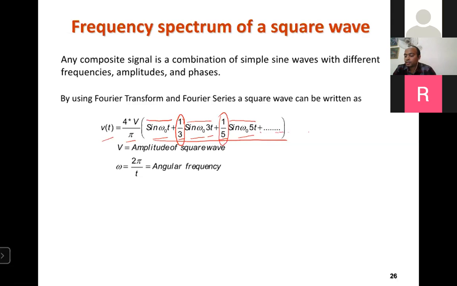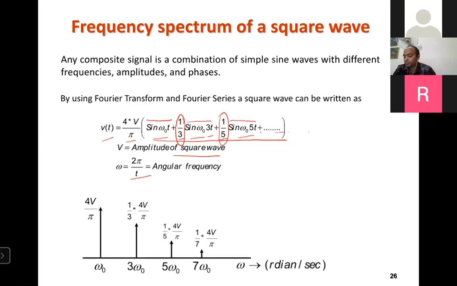Here V is the amplitude of the square wave, and omega, you know, is the angular frequency. If it is represented in the frequency domain, it will look like this. You see, at omega 0 you have an amplitude of 4V by pi.